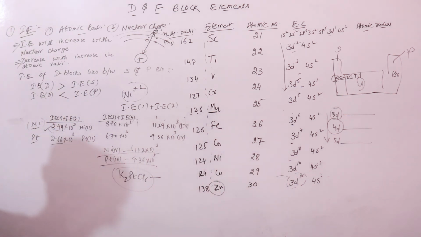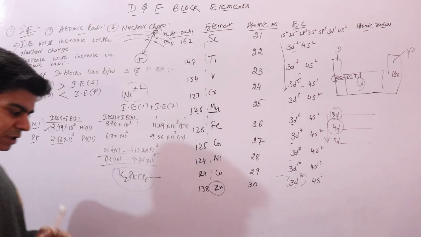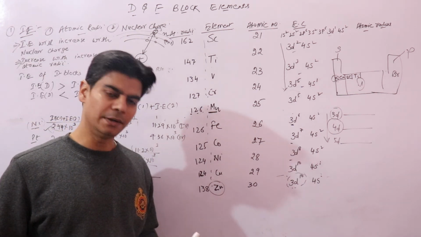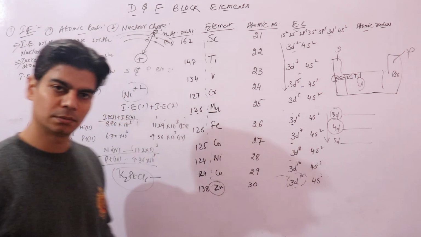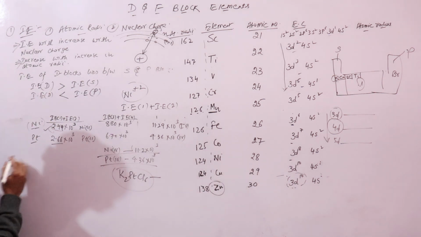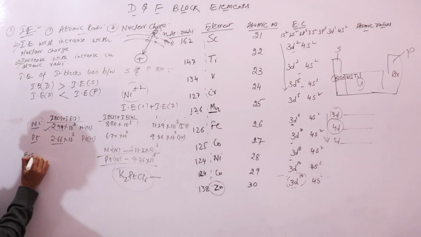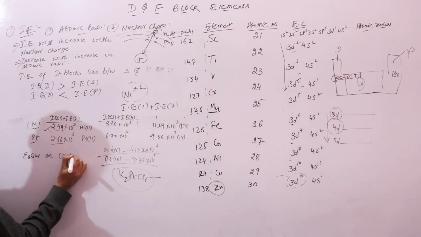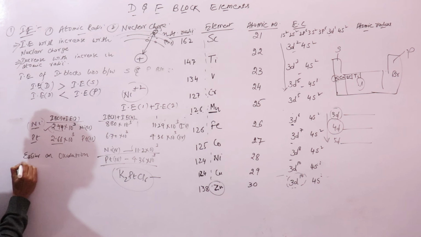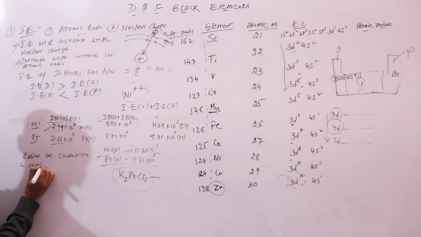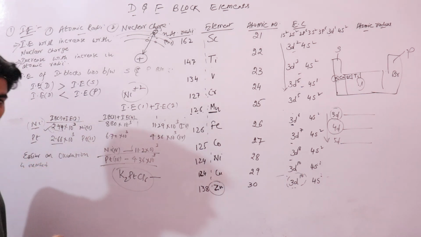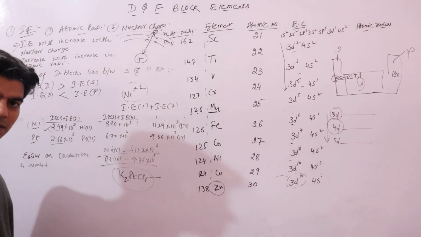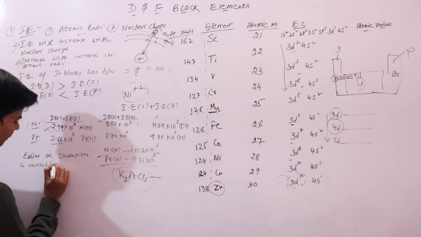So in short, we say that the easier an oxidation state is attained, the more stable is the compound, right? This is the crux of the matter. Easier an oxidation state is reached. When we say the oxidation state is reached easily, that means ionization energy is less, or less energy is required.